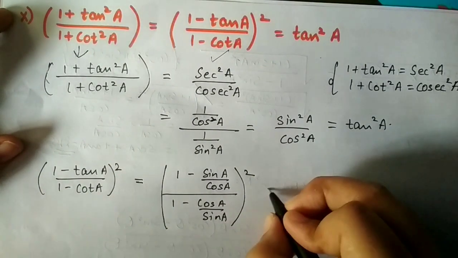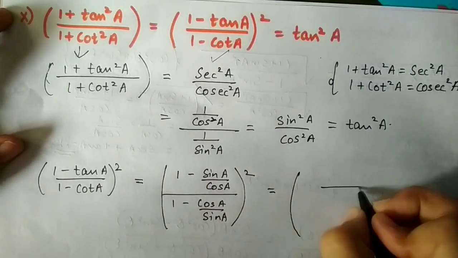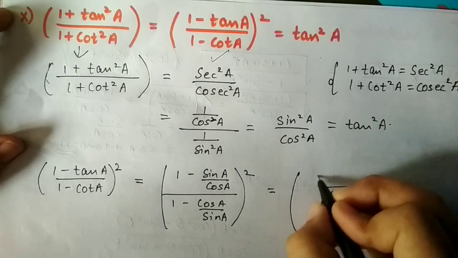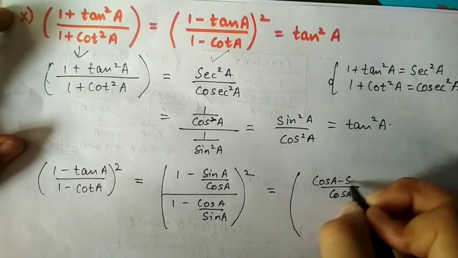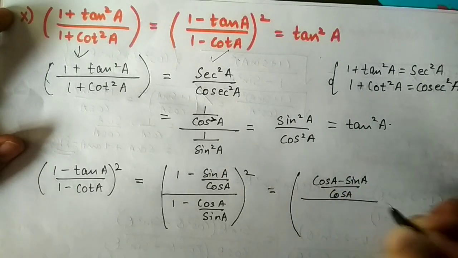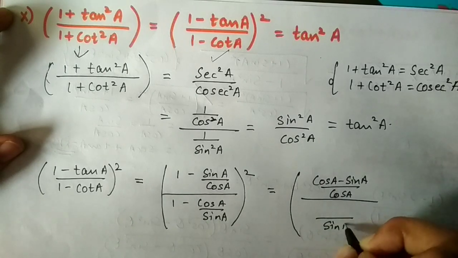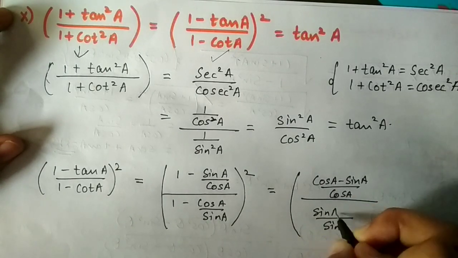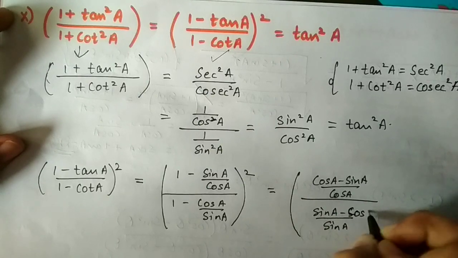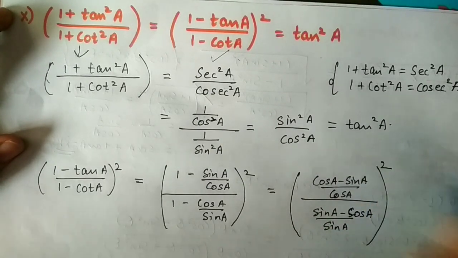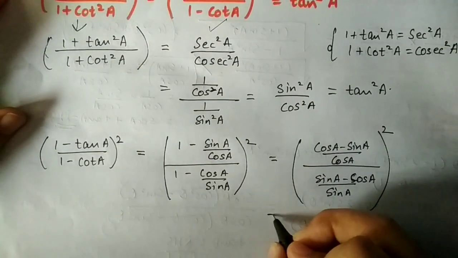Okay, this is equal to, now you can take LCM, cos A in the denominator, in the numerator you have cos A minus sin A, divided by sin A in the denominator, and in the numerator you have sin A minus cos A whole square.